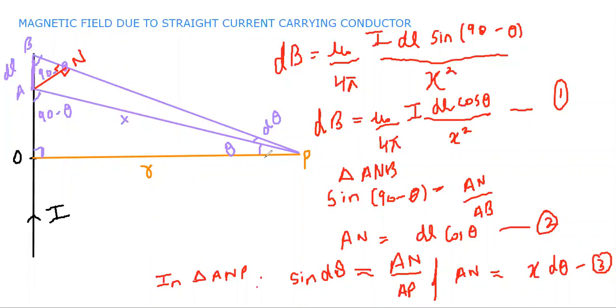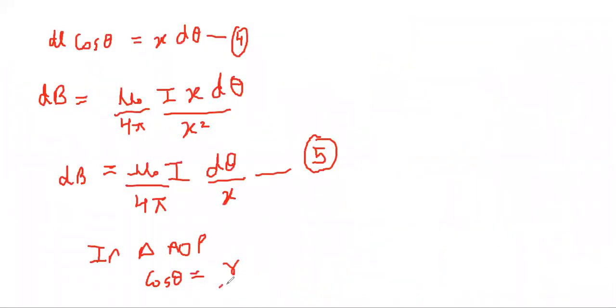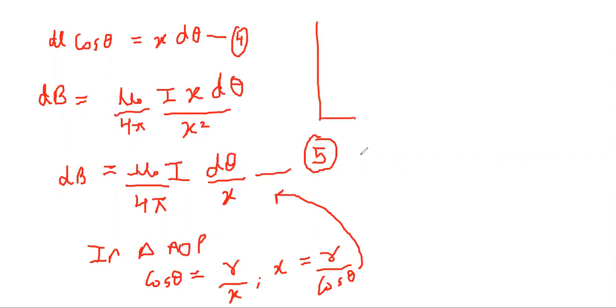So R divided by X. Cos theta would be equal to R divided by X. So you can write X is equal to R divided by cos theta. You can substitute this value in this equation. And when you substitute this value in this equation, what will you get?